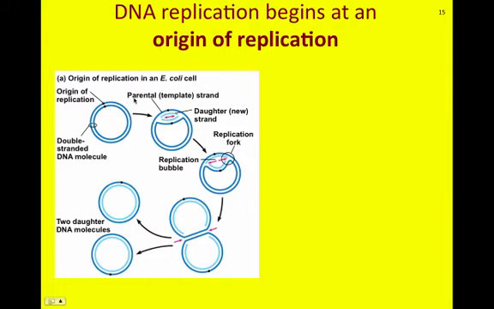Then the parental strand, or the template strand, shown in dark blue here, will pull apart. The two parent strands pull apart, and new daughter strands begin to grow in complementary base pairing with their respective template strands. The spreading apart of the new daughter strands creates a replication bubble, as you can see very nicely in this figure from your textbook.